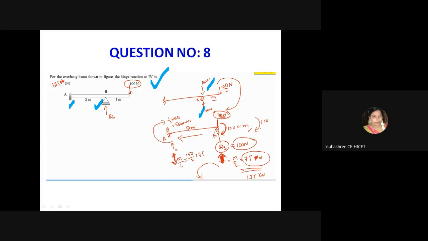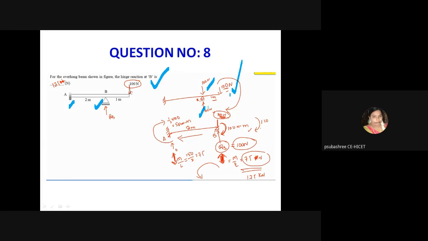For applying compatibility conditions, you assume downward load 100 Newton and upward load 100 Newton at point B, so plus minus is equal to 0. So the beam is safe, no issues. Now point B has a downward load, and at point C the 100 load is also there.